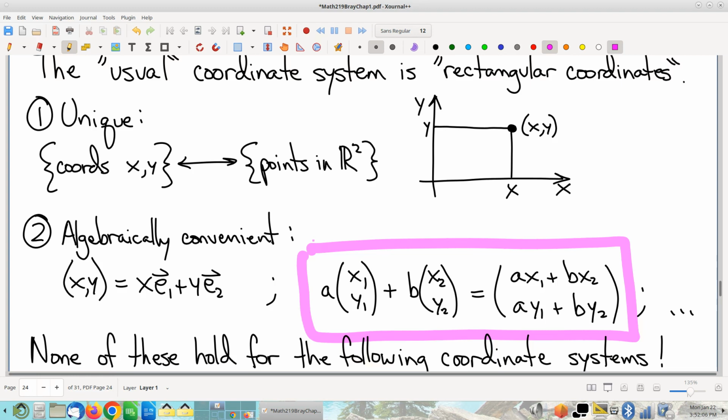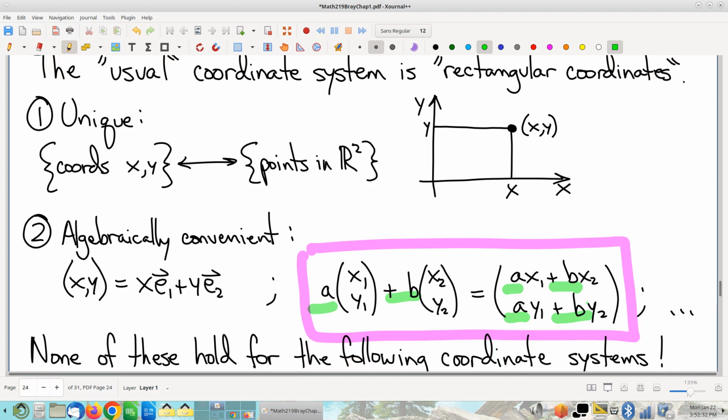If you do a linear combination of vectors, whatever the coefficients are in that linear combination, you're going to do the same linear combinations to the individual coordinates. Again, handy, super nice algebraically. Y'all have used this fact a bazillion times in linear algebra classes and maybe even other contexts.